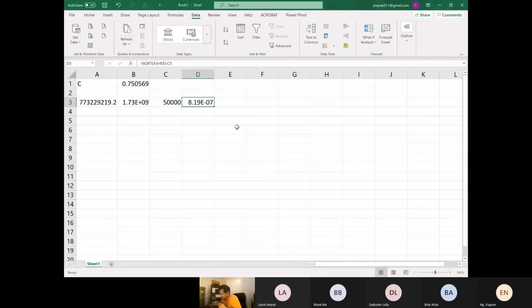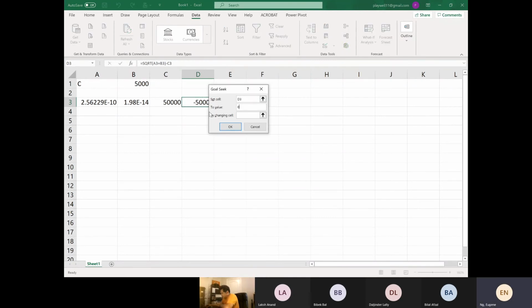Oh, they've changed something about Excel. Or if I guess this to be very big, maybe if I guess this to be 5,000, see what happens. Goal seek 0 by changing this cell. Let's see what happens. See, it can't do it. So the initial guess position is very important.